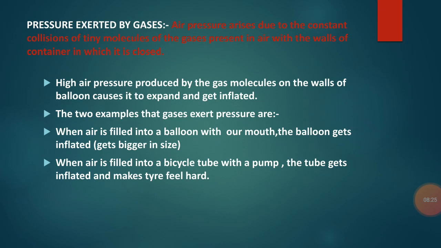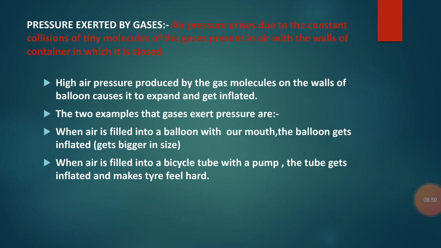Substances such as hydrogen, helium, oxygen, nitrogen, carbon dioxide, these are all gases. Gases exert pressure on the walls of their containers. The pressure is exerted by all the gases, but since air is the most common gas, we are going to discuss the pressure that is exerted by air.